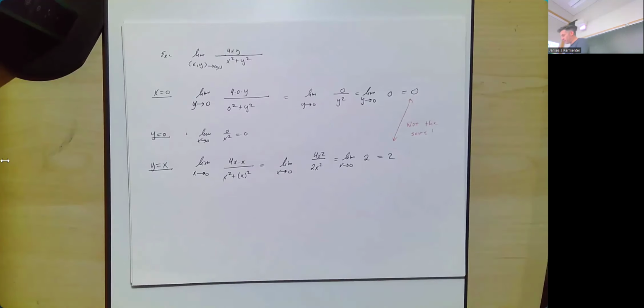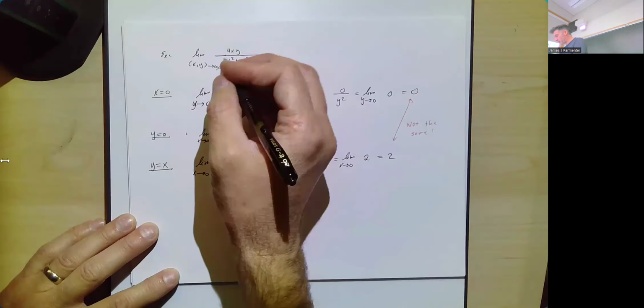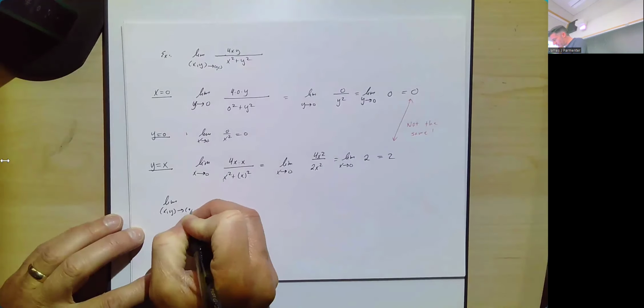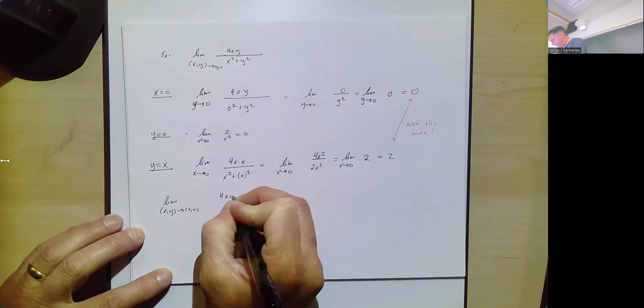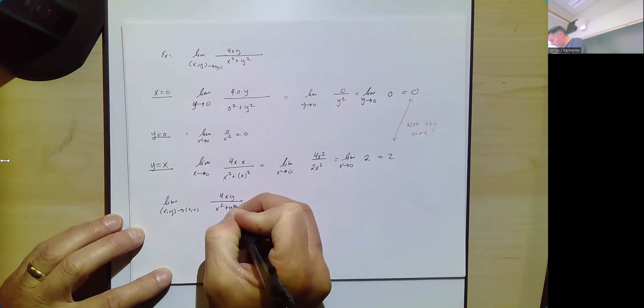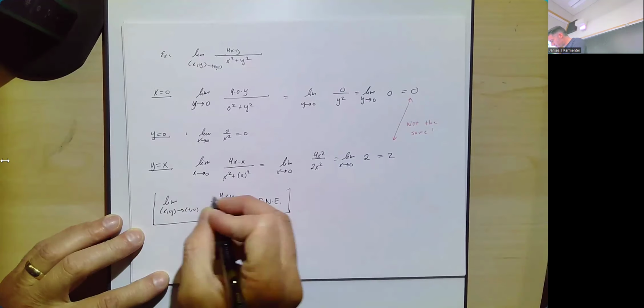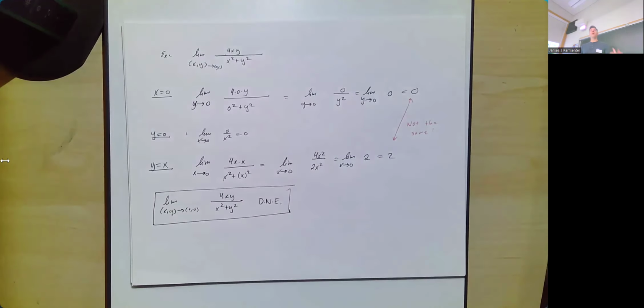So we can say that the limit as (x, y) approaches (0, 0) of 4xy over x squared plus y squared does not exist. Two different paths gave us two different values.